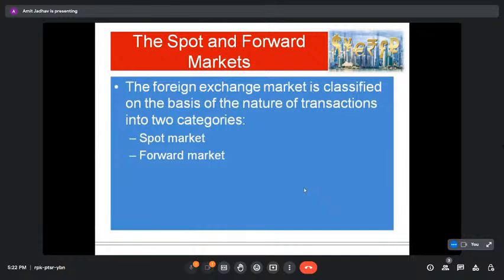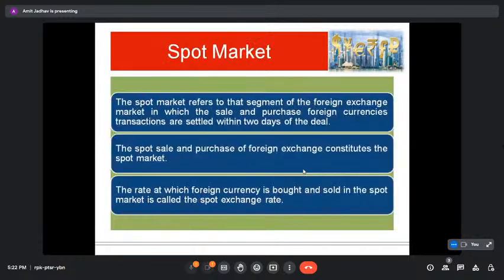Now we can discuss the spot market. Spot market refers to that segment of the foreign exchange market in which the sale and purchase of foreign currency transactions are settled within 2 days of the deal. So basically, within 2 days of the deal, the settlement of the foreign currency is done in a spot market.